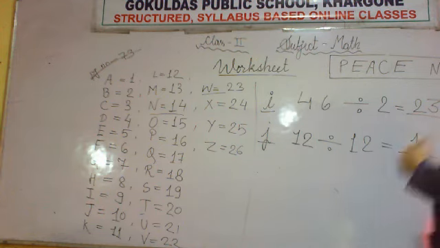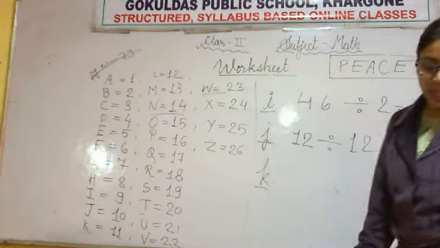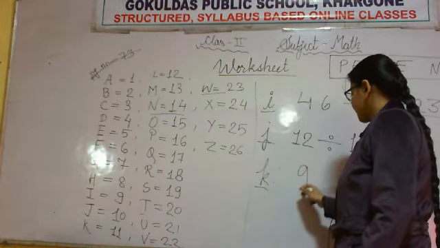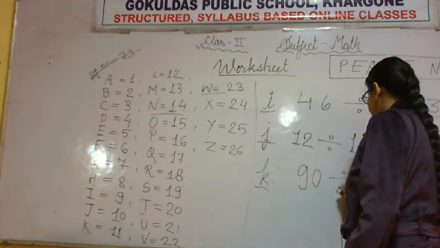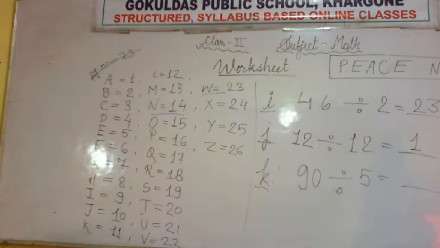Now the next cloud, K. 90 divided by 5. Now think about the number, by what number we multiply 5 if we want 90.